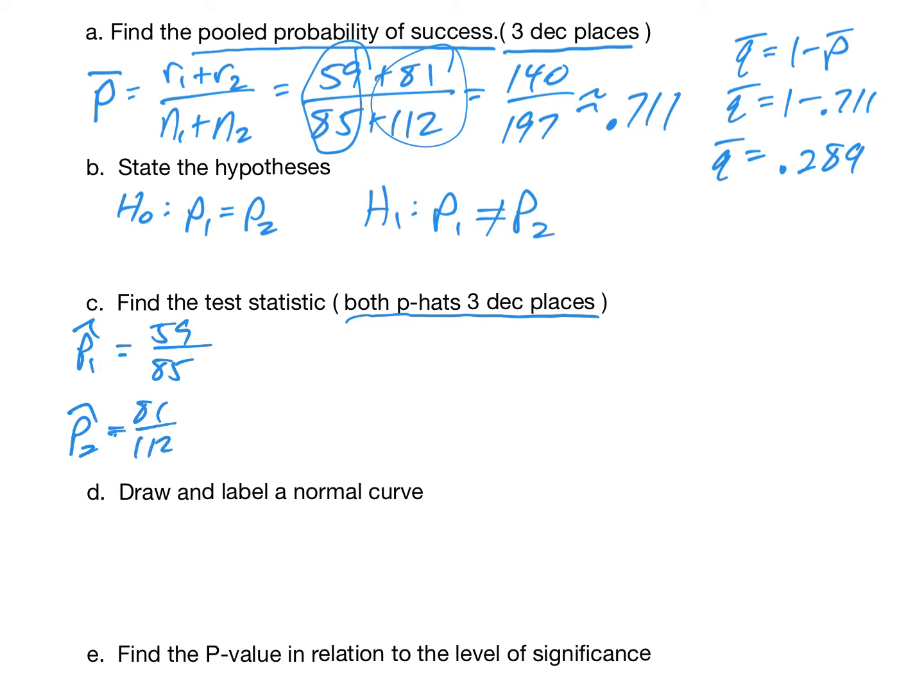So this is not your pooled. The pooled is the added R's divided by the added N's. This is R1 over N1 and R2 over N2. To 3 decimal places, that yields 0.694 and 0.723.